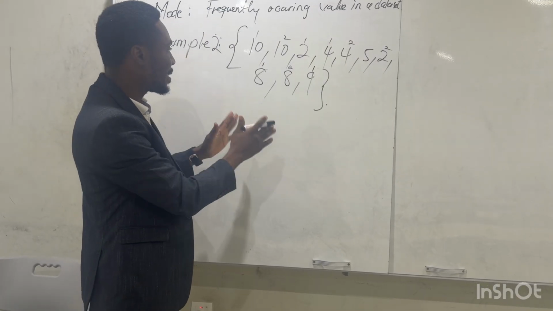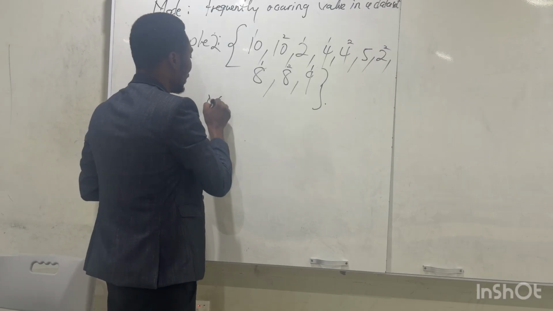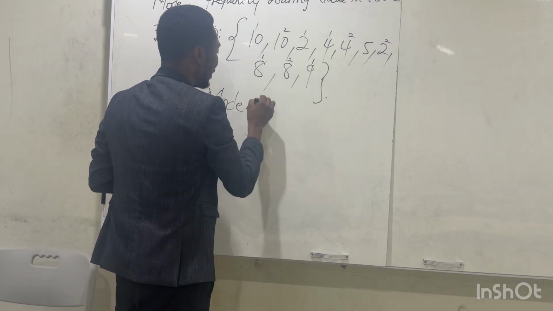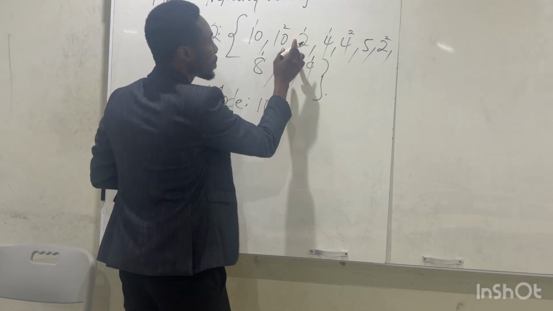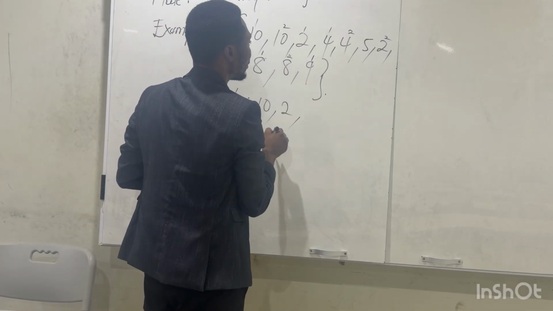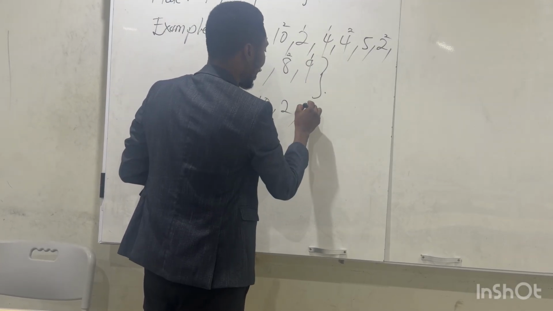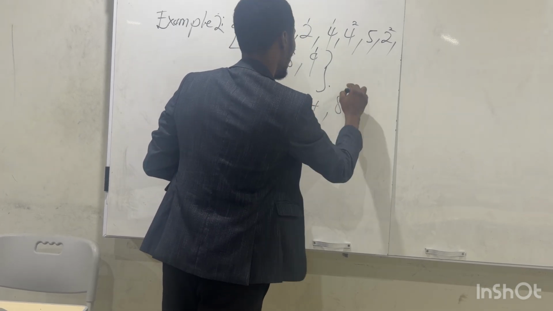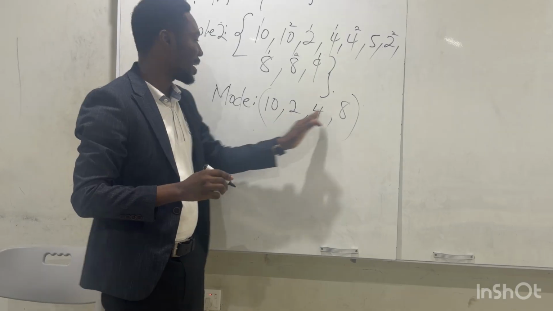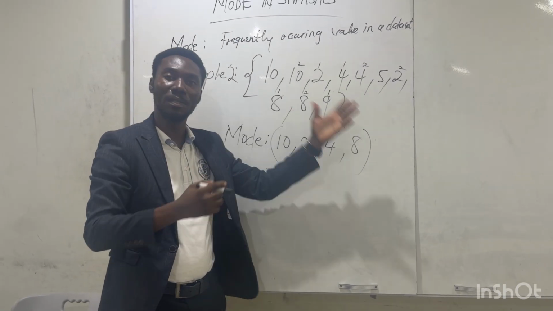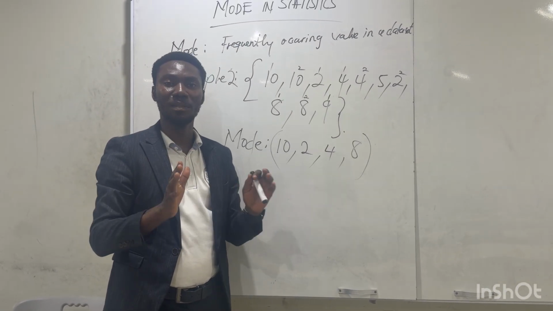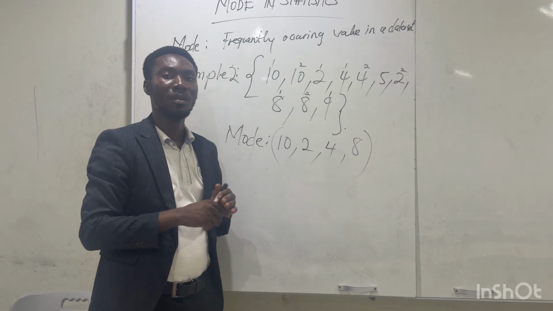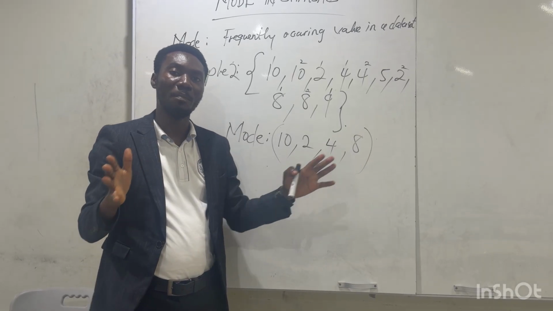In this data set, we have multiple modes. 10 is one of them, 2 is also occurring 2 times, 4 is also occurring 2 times, and 8 is also occurring 2 times. So it is possible that in a simple or raw data set like this, you can have multiple modes.